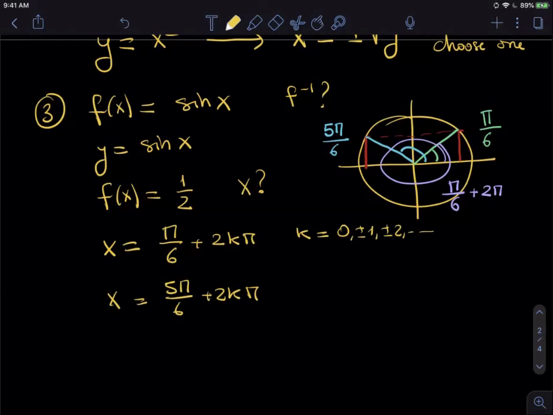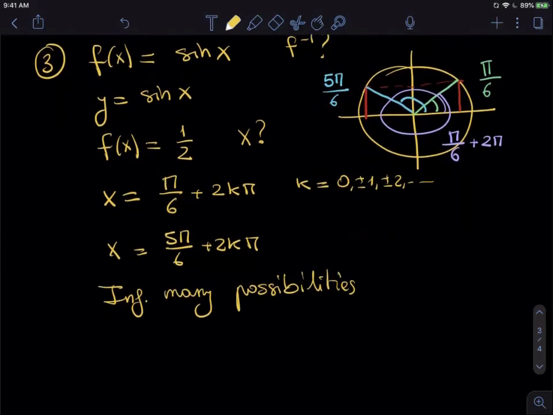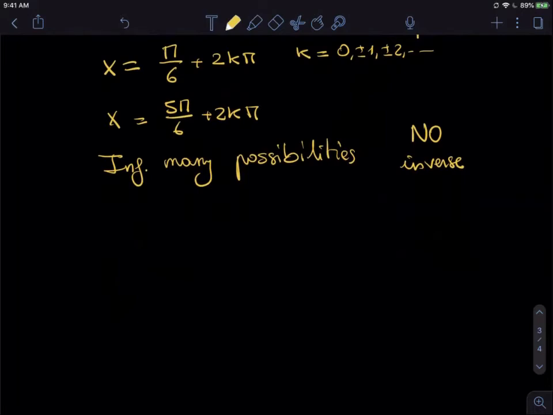Okay, so you have infinitely many possibilities. Very good. So in this case, there is not an inverse unless we restrict ourselves to a smaller range of angles. Okay. Just to summarize.